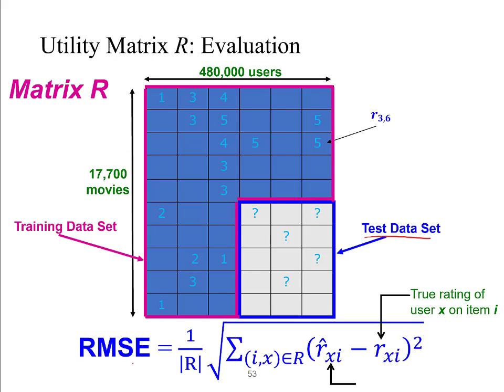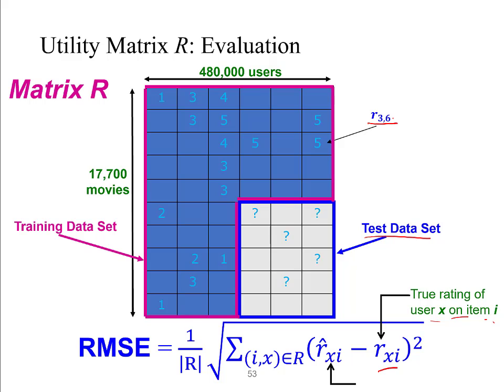The RMSE is the evaluation criterion. This is the true rating of user x on item i, which is r_xi, and this is the predicted rating of user x on item i.